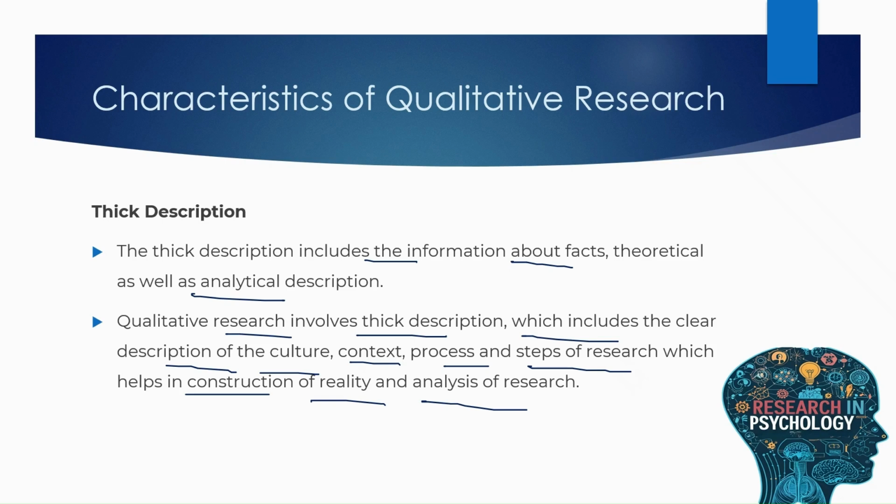Okay, so all these would help in the construction of the theory. So this is important that we obtain a very thick description from the qualitative research, which includes the complete theoretical and analytical description of the culture, context, process, and steps of research.